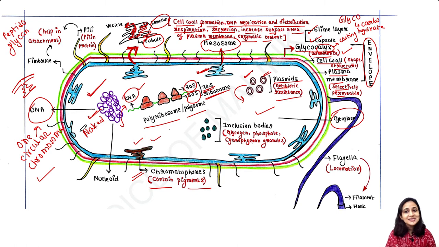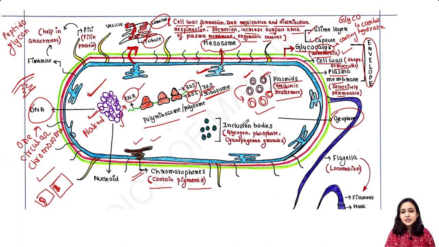When a bacterial cell is dividing, the DNA is replicated and each cell gets one DNA. But the plasmids will replicate in one cell and become multiplied in only one cell. So that is one more difference.